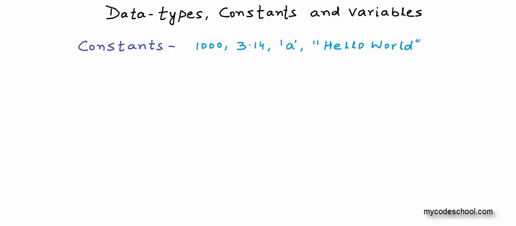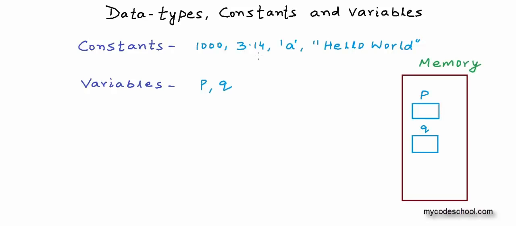We can think of a variable as a unique name or identifier for a section of computer's memory where we can fill in some data. So if P and Q are 2 variables in my program, you can imagine them in the memory like how I'm showing here. P is only a name for this section of the memory, and using the identifier P in our program, we can store some data here in this section of the memory.